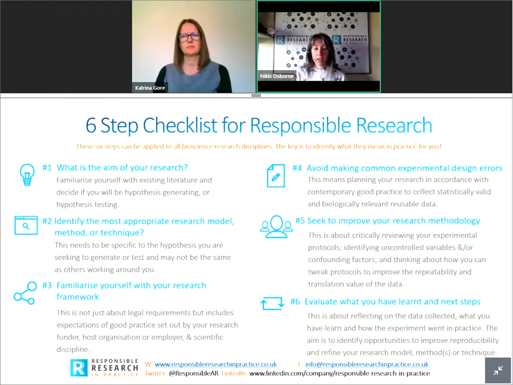And the 5th step is about critically reviewing the strengths and weaknesses of your chosen assays or methodologies, as well as the precision of the results that you are generating using your assay or your methodology. One of the focuses today that Katrina is going to talk about is on ensuring that results are appropriately interpreted. This information can also be used to identify opportunities to improve the robustness of your chosen assays and methodologies.